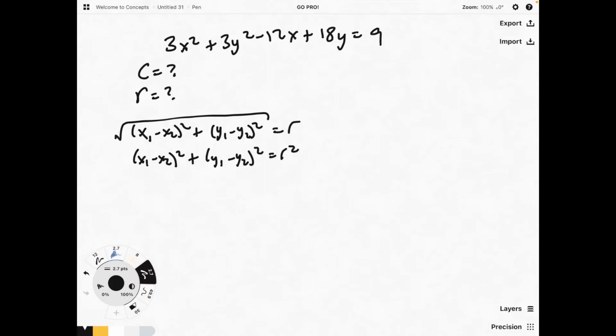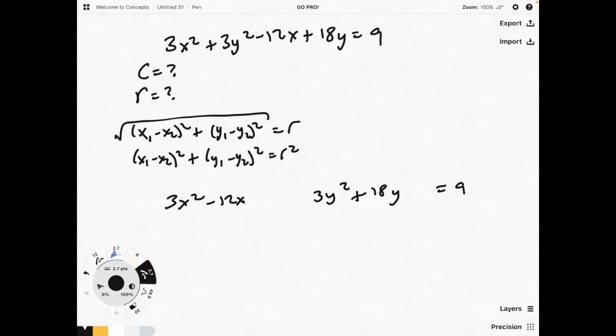To do this, let's get it into the form that is congruent with completing the square. So we have 3x² − 12x, and then we have the 3y² + 18y, and this is equal to 9. To complete the square, what we first need to do is ensure that the coefficients in front of the x² and the y² are both 1.